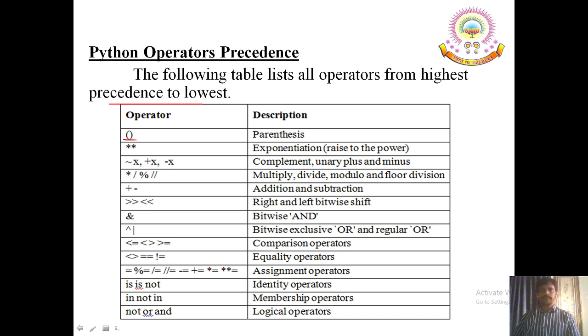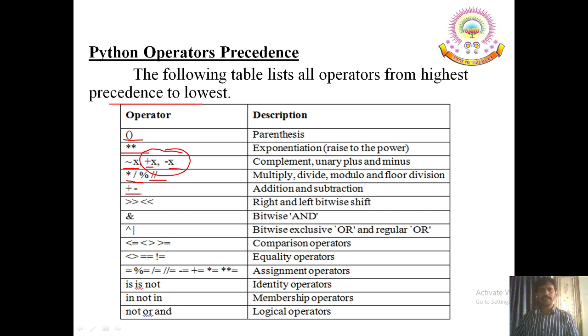As we know, any operation enclosed in parentheses has the highest precedence. Next comes exponentiation, then comes the complement operator, the plus operator, minus operator. These are unary operators. Then all arithmetic operators like multiplication, division, modulo division, and one more operator that we have is the floor division operator.